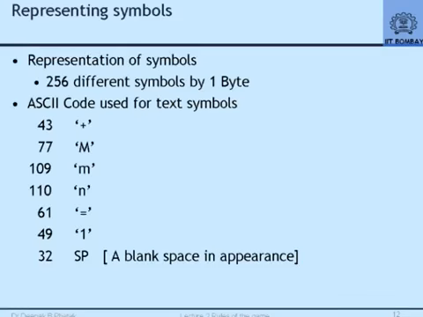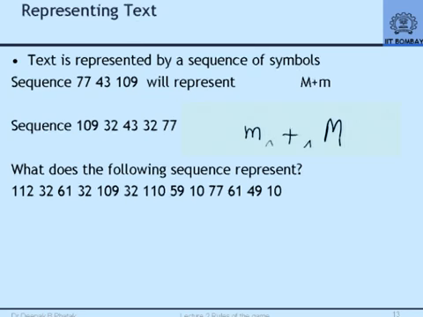There is an ASCII code table that you can find anywhere. If I write capital M plus small m, internally it will mean a sequence of 3 distinct values: one for capital M, another for the plus symbol, and the third for small m.